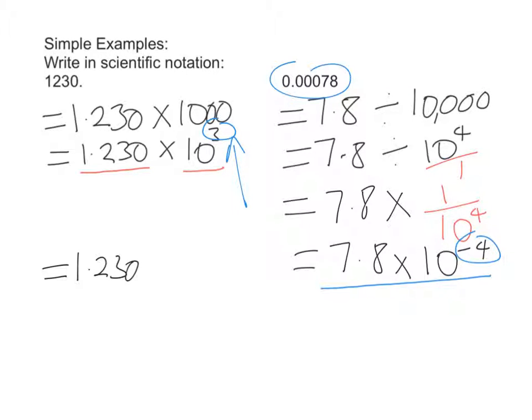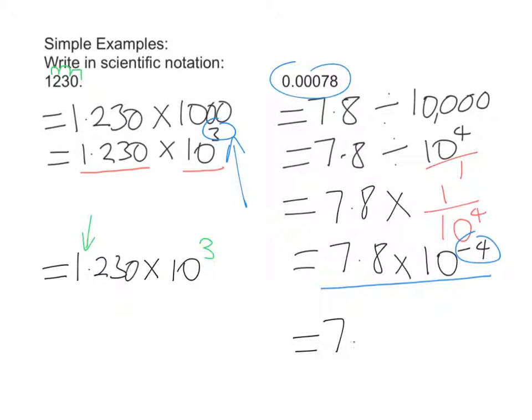So that's just taking the 1230 digits and making sure the decimal place is after the first digit. Then I multiply by 10 and count how many places I moved the decimal point to get it there. So if I look at 1, 2, 3, 0 above, 1, 2, 3 steps, so I need to put a 3. In the second question, I do the same thing. I write the short way.